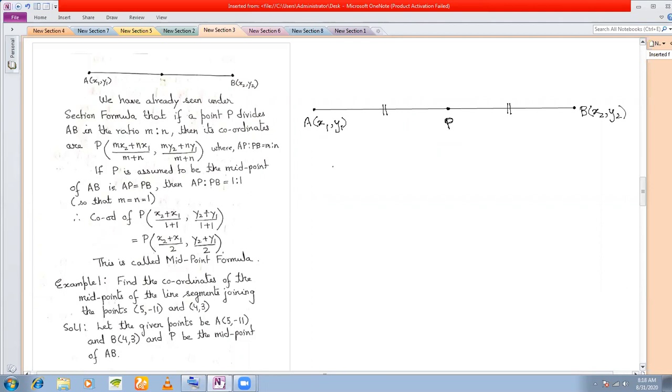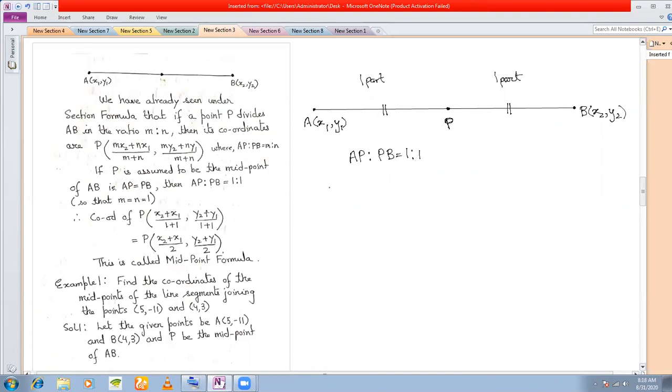Now, you must make a very important observation here: when a point P lies midway between the 2 points, then this ratio AP to PB must be equal to 1:1, because one part will lie here and one part will lie here if P is midway between A and B. So AP is to PB must be equal to 1:1.